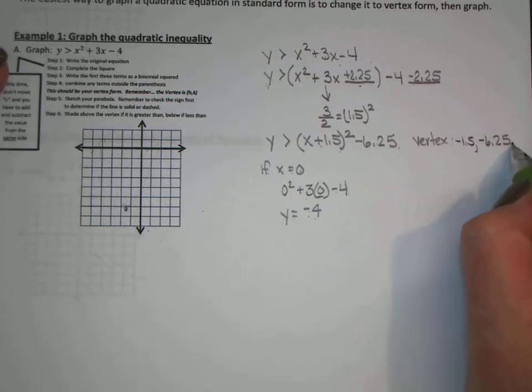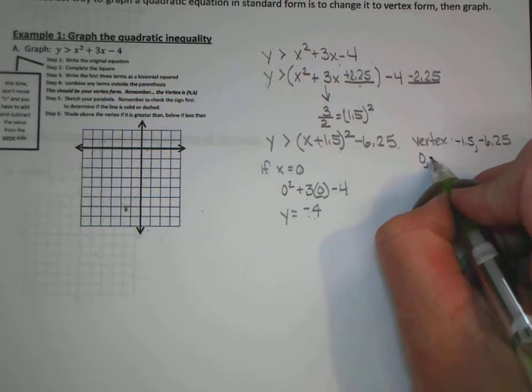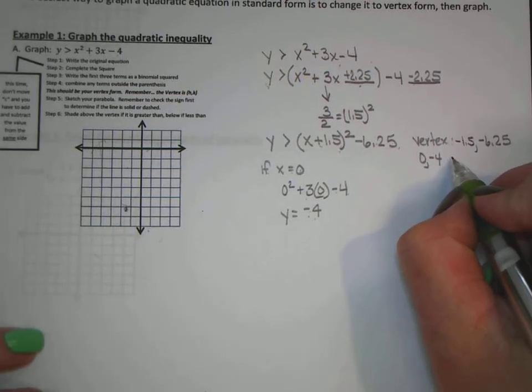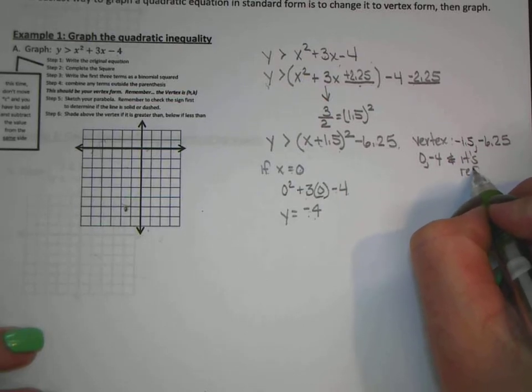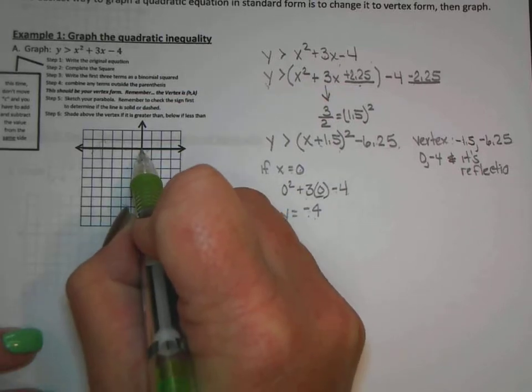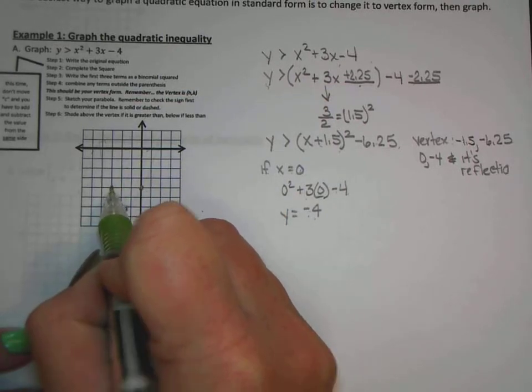So you have the vertex, and then you also have a guide point. You have 0, negative 4, but remember, because it's a parabola, it also has its reflection. So if you were to plot those points, you're going to plot 0, negative 4, and its reflection, which would be here.